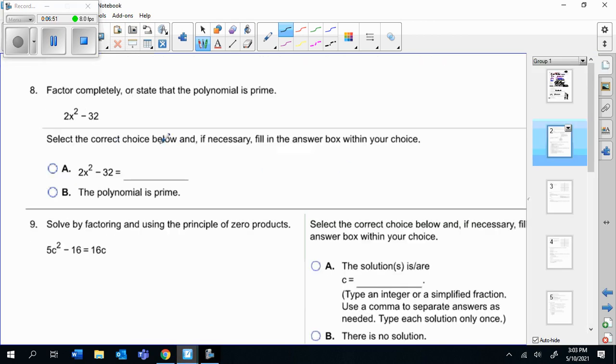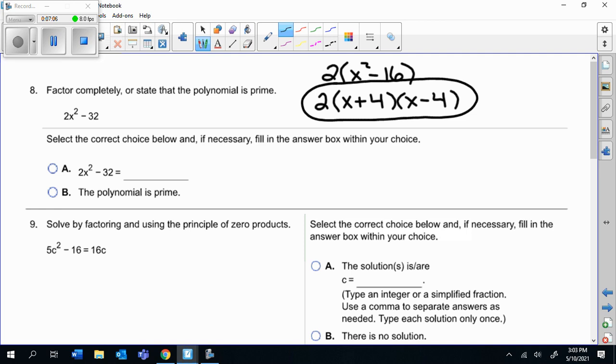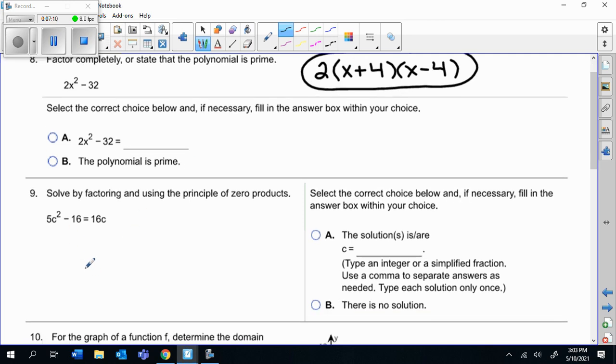All right, next one. Take out that GCF. And so then we have the difference of two perfect squares. Easy peasy. And this one, now we're looking at solve. Please notice how it changed from factor to solve.